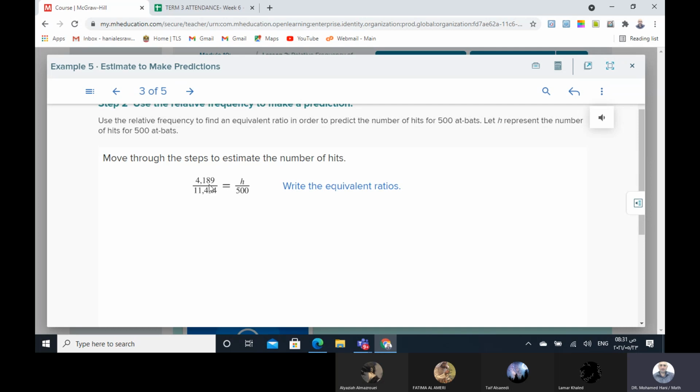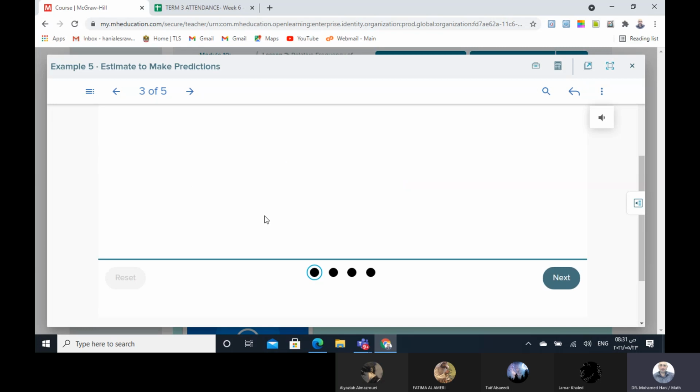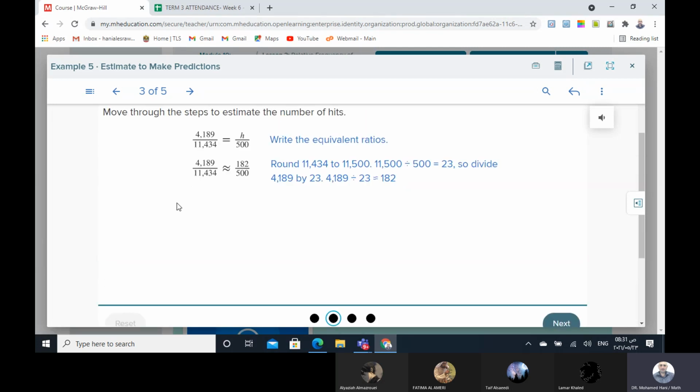We can do a cross product. A cross product. Continue, please. When you do a cross product, H will be about 182. How? 500 times 4,189 divided by 11,434.